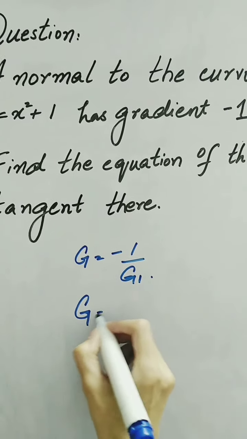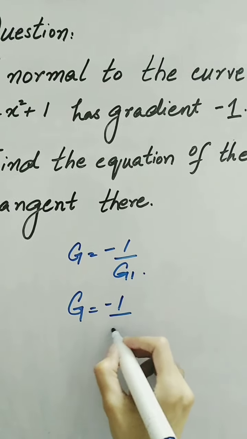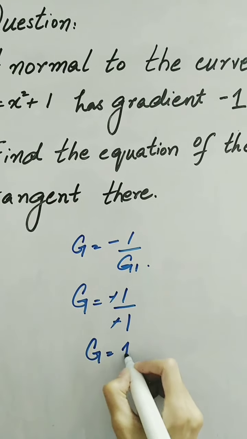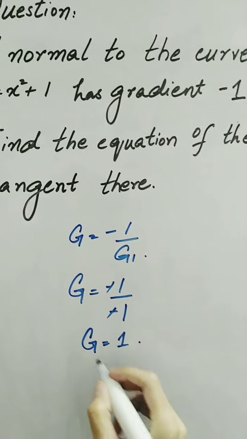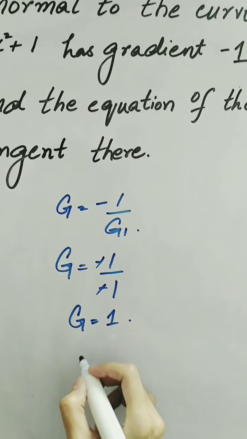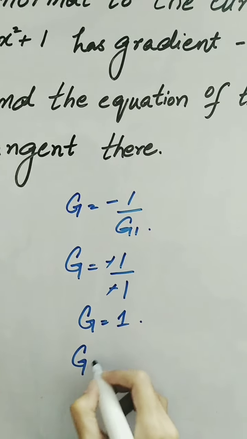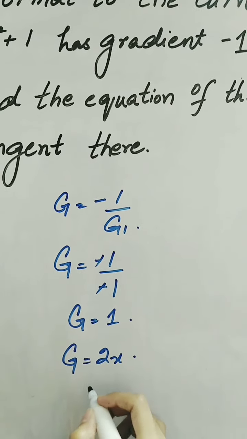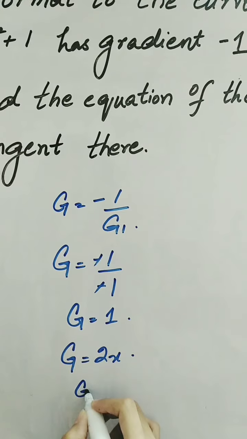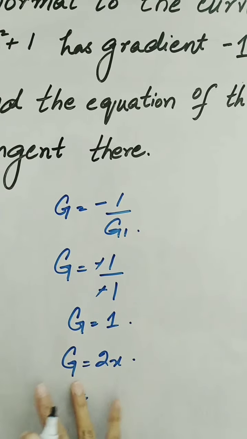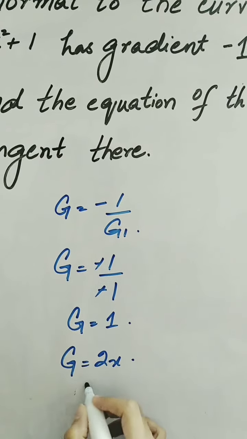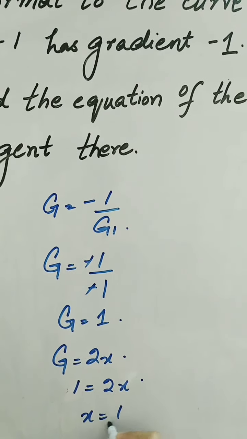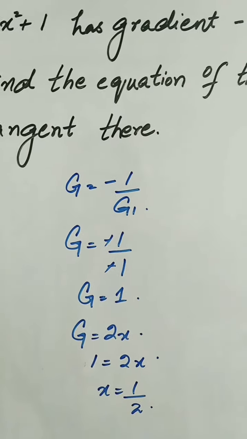Here the gradient is given as -1, so we put the value of -1 here, and our gradient comes out as 1. Now with the help of the gradient, we find the value of x. We know that g is equal to 2x, so we simply put the value of g here and find the value of x, which comes out as 1 over 2.